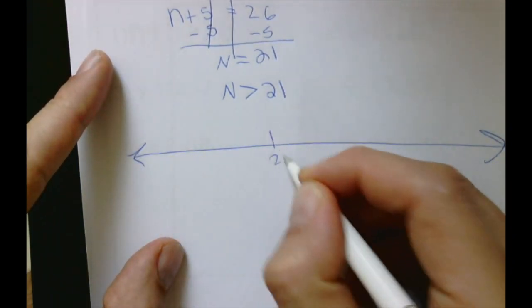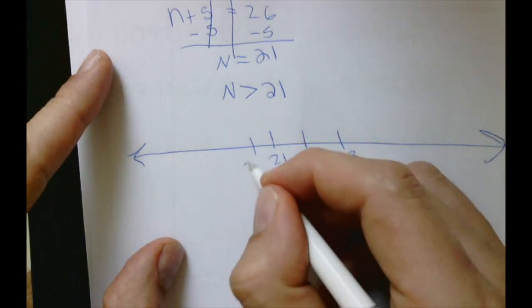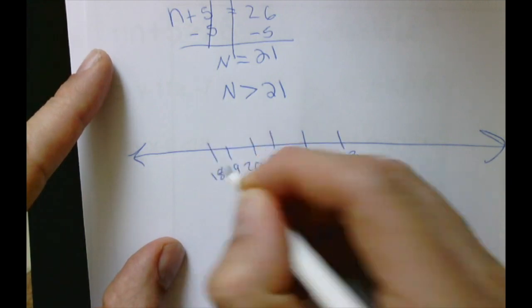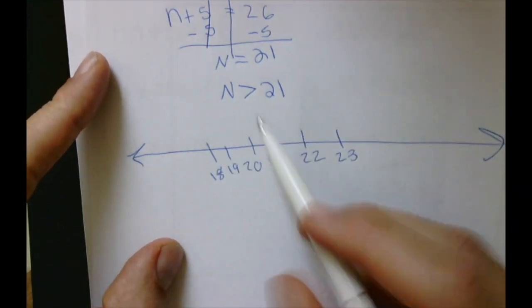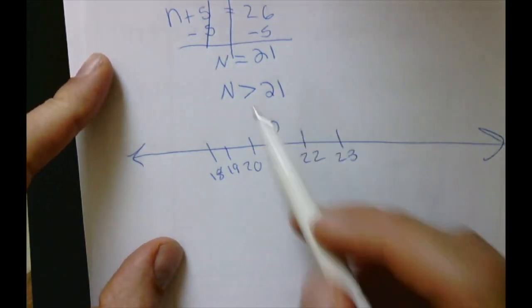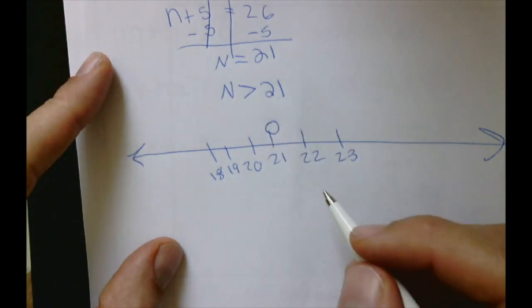I'll go 3 bigger and 3 smaller. Next I have 21, so I'll put a circle on 21. I remember that it's greater than, and there's no line underneath, so it stays open.